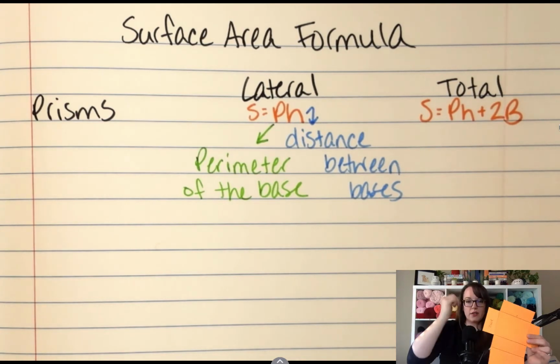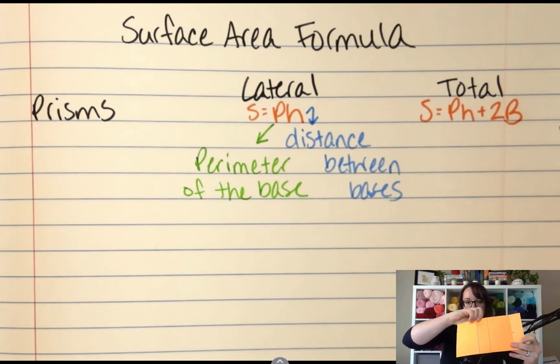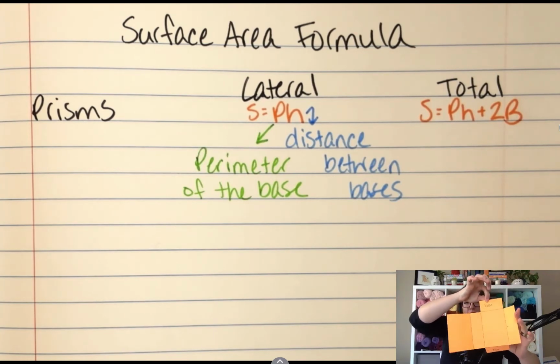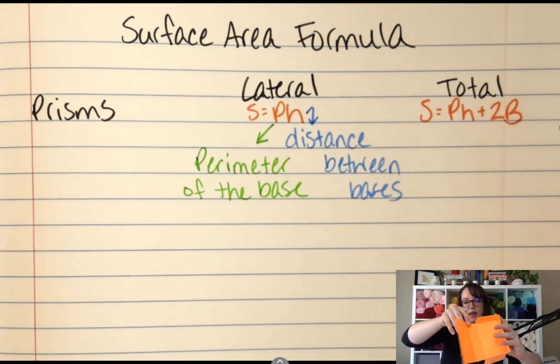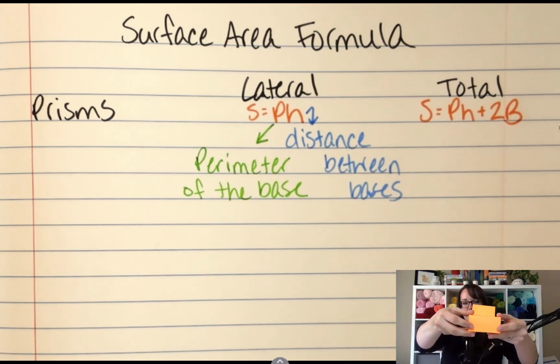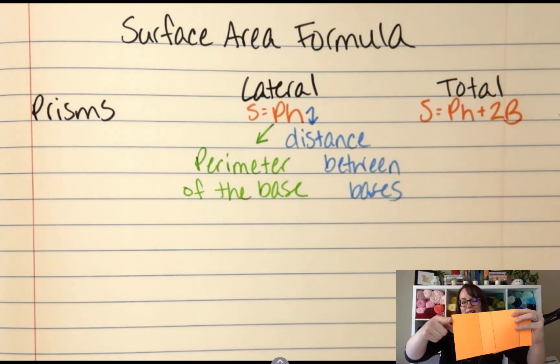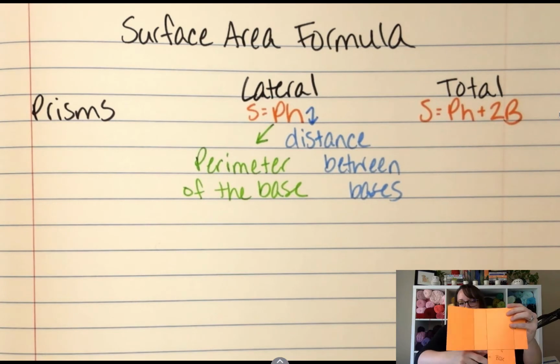Now the perimeter. Lateral area is the area of this long rectangle that goes through the middle. And if you'll watch, the perimeter of the base actually folds up around that rectangle, so that when you unfold the rectangle, the perimeter of that base ends up being the length of this rectangle, and the height ends up being the distance between the bases.